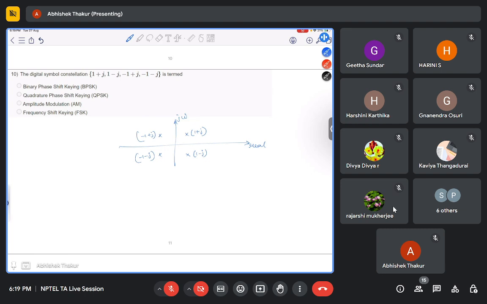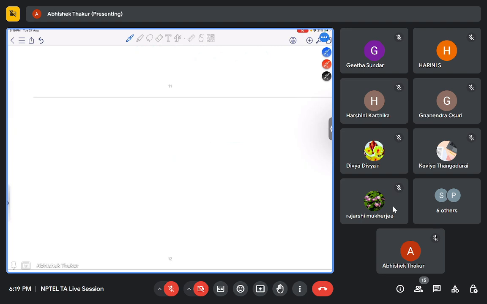This is the constellation diagram of quadrature phase shift keying, because each phase is separated by 90 degrees. If you find the angle from 1 minus j to 1 plus j, you will get 90 degrees, and from the second to the third, you will also get 90 degrees. So it is quadrature phase shift keying. Option B is the correct answer for this question.